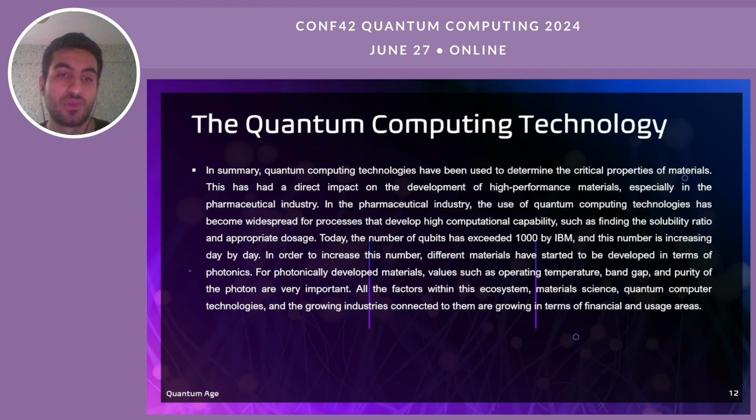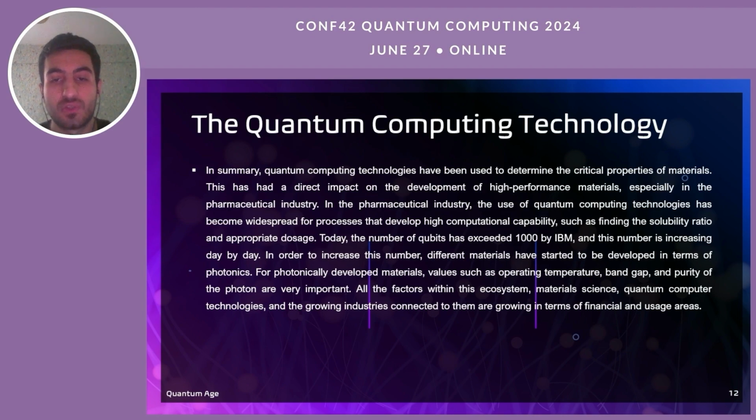As I said before, the pharmaceutical industry, in its financial link, is the most important area that depends on quantum computing technology. Because, as you remember, the solution ratio, crystallinity, solubility, and formulation are very important parameters. You need to be quick and gain good accuracy.